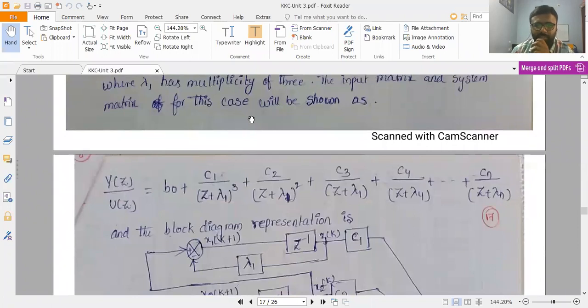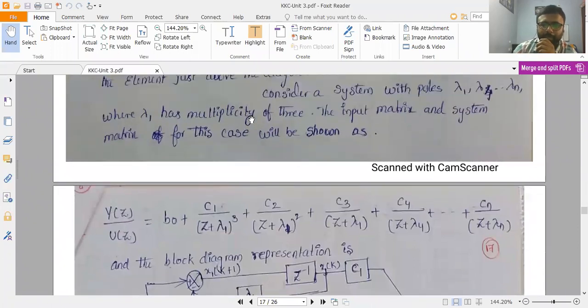So this is the transfer function which is going to represent those repeated poles.